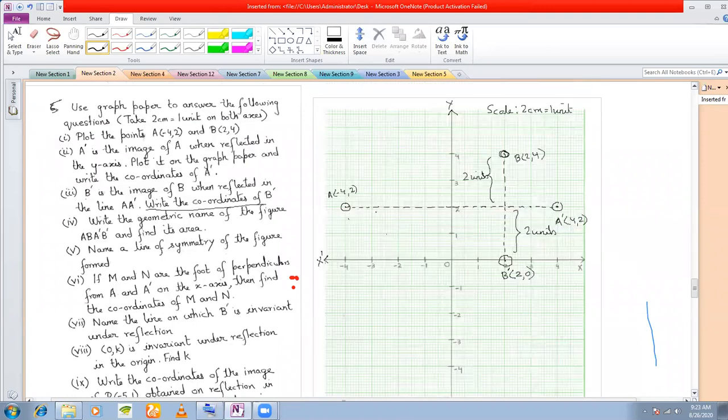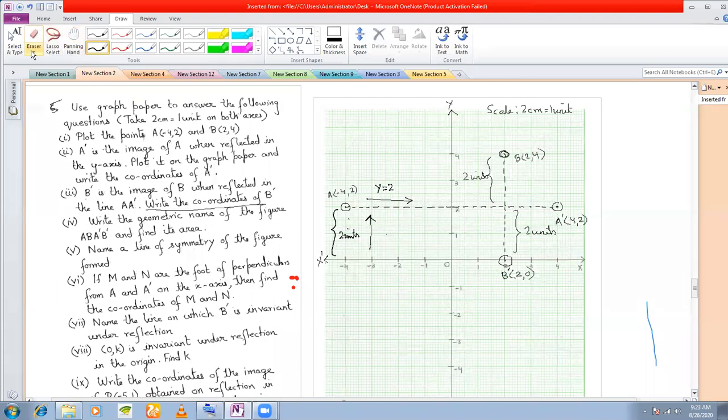Because see that this dotted line is parallel to the x-axis, right? And what is the distance from the x-axis of this line? 2 units, right. So therefore the equation of this line will be y equal to plus 2, because this is in the positive direction. Understood?